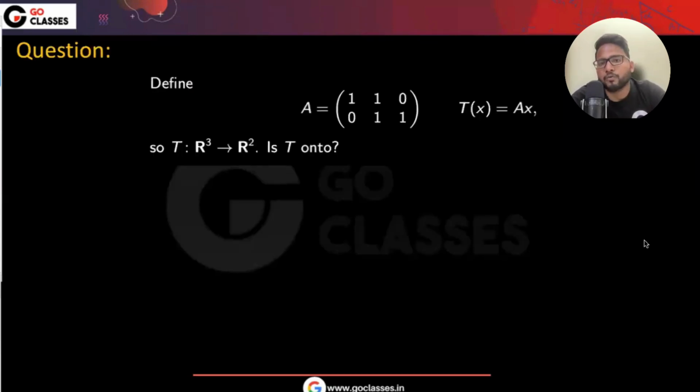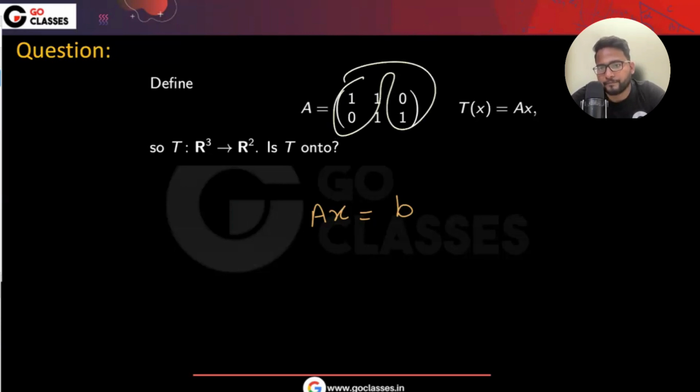Now tell me, is this onto? How to identify if it is onto? You need to check whether Ax equal to b is consistent for every b, right? Always has the solution. Does this always have the solution? I think there's a basis here, right? You need to have two linearly independent vectors.